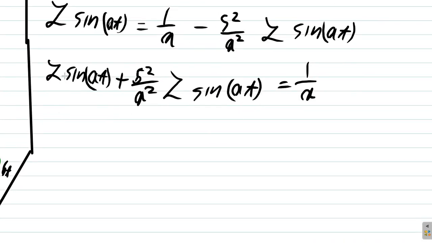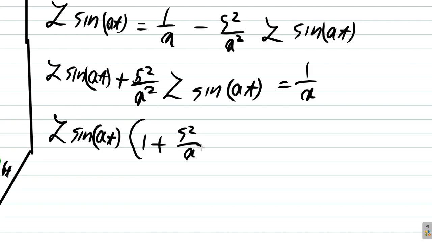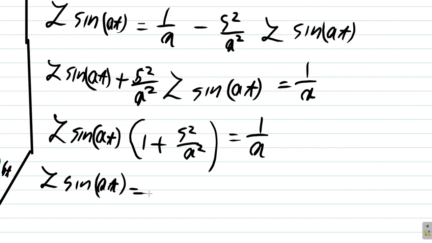So, let's factor out the Laplace transform of sine at. Now we have 1 plus s squared over a squared, and the Laplace transform of sine at equals, let's divide, 1 over a divided by 1 plus s squared over a squared.